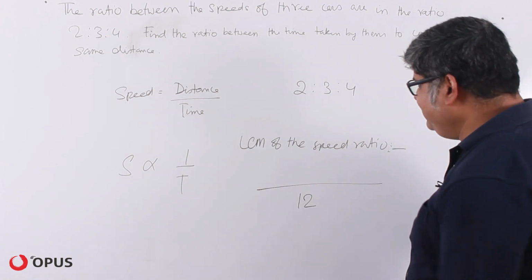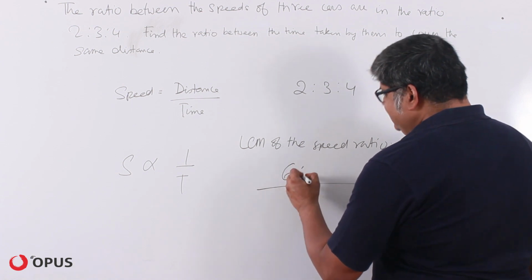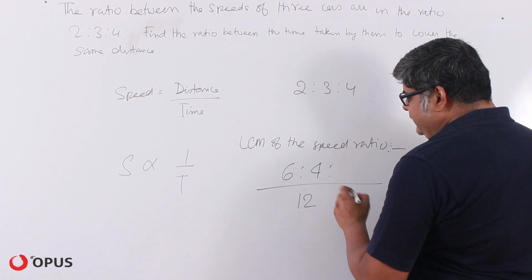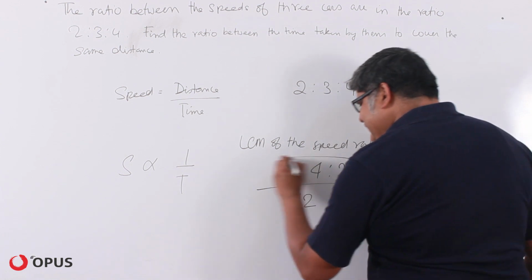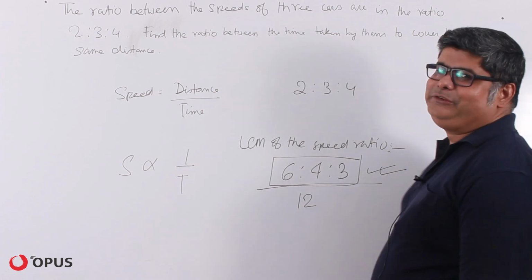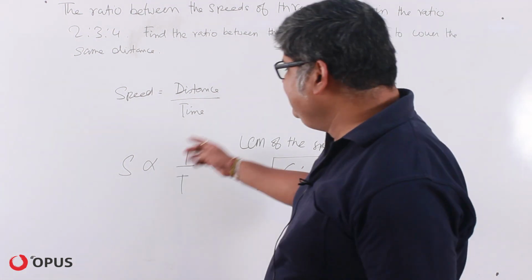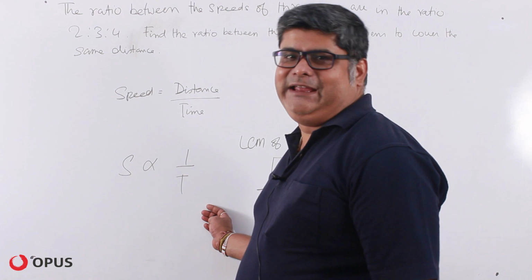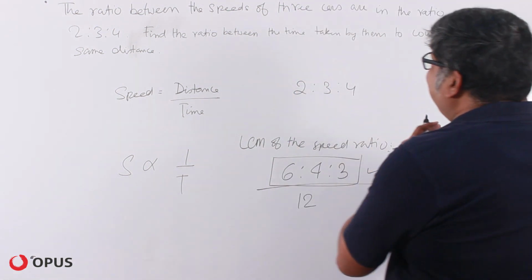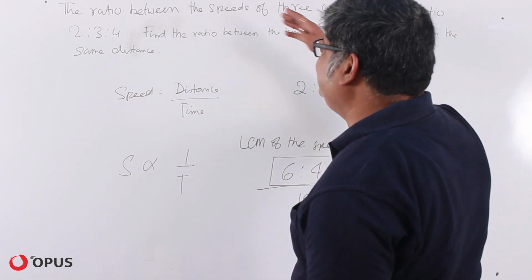Now 2 goes in 12 how many times? It will go 6 times. 3 will go in 12 how many times? 4 times. 4 will go in 12 3 times. So we can easily say the ratio of the time is 6:4:3, because speed is inversely proportional to time. So here what did we do? We took the ratio between the speeds of the 3 cars and the ratio 2:3:4.